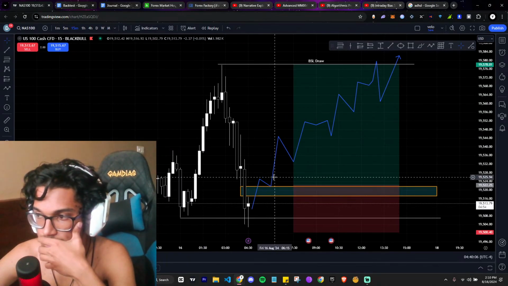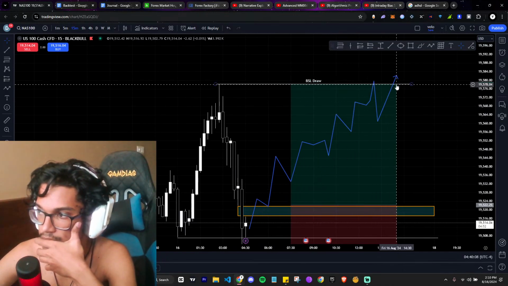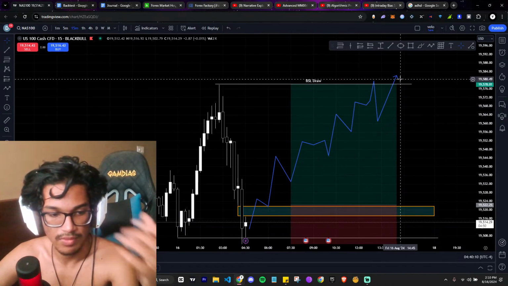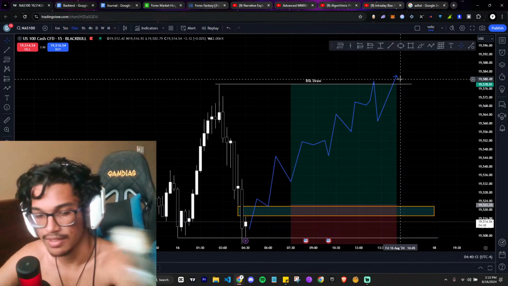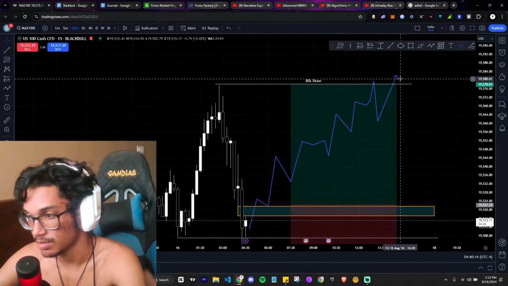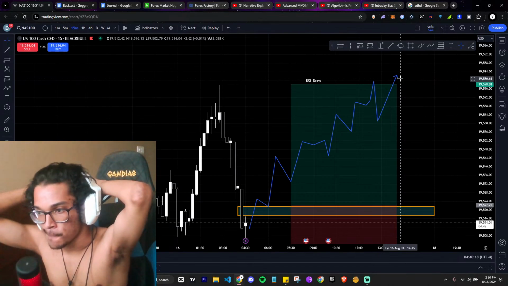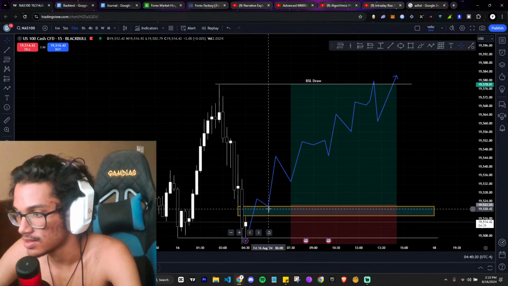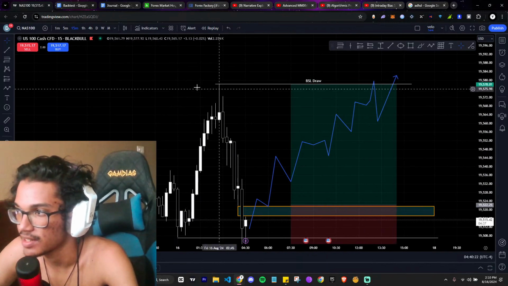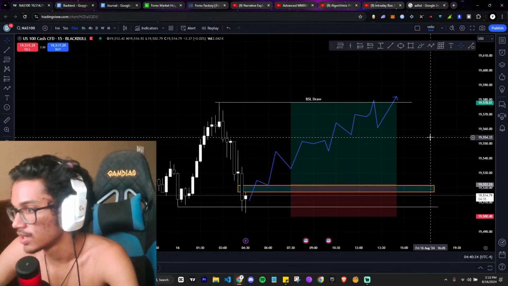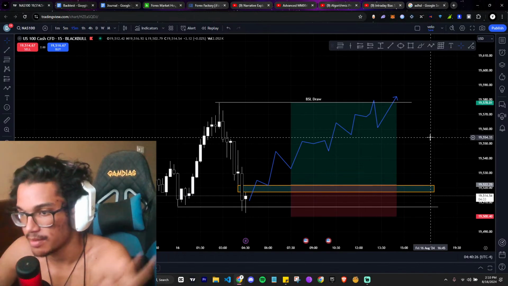Yeah, so we tap back into this and then we go higher. Higher and higher and higher. Simple. Easy stuff. Sweep liquidity. Use this as a support level. Retrace higher, higher, higher. BSL. Boom. Anyways, whenever this happens, it will happen.